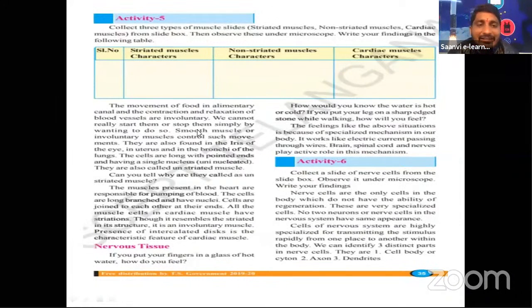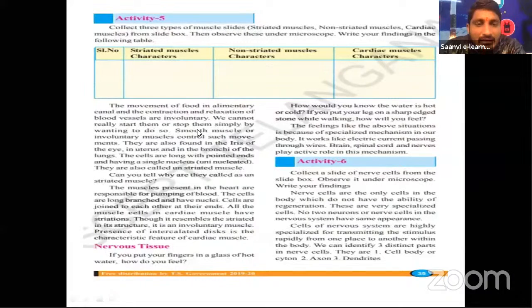Smooth muscles are involuntary muscles that control such movements: relaxation and contraction of blood vessels, and the movement of food in the alimentary canal.